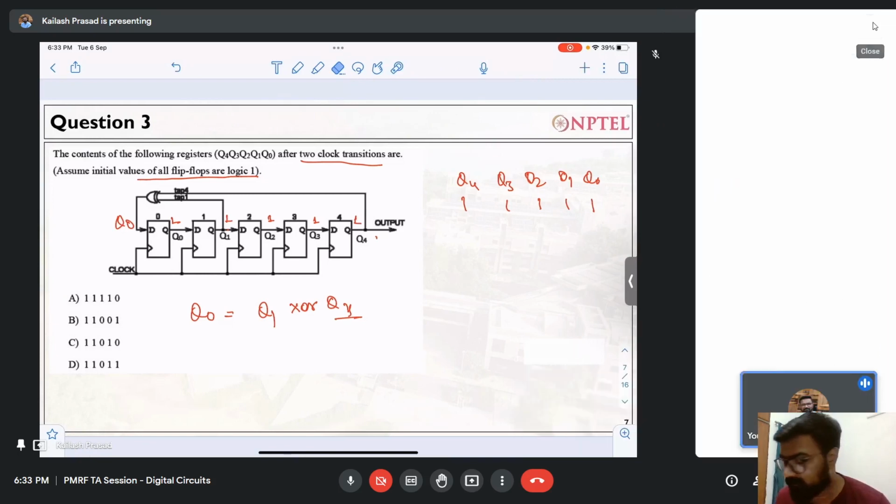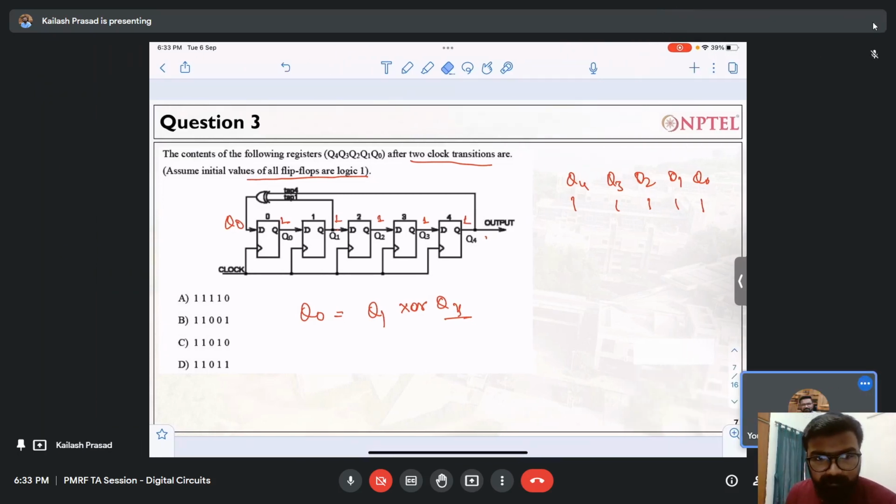Okay, no answers. So let me solve this for you. In the very first clock cycle, what will happen? It will move from Q0 to Q1, Q2, Q3, Q4, right? And Q0 is an XOR of Q1 and Q4.